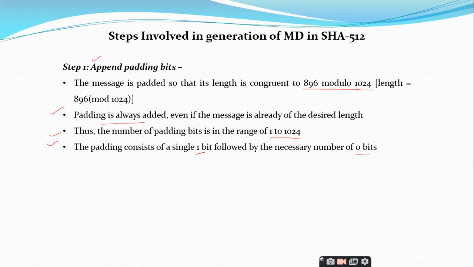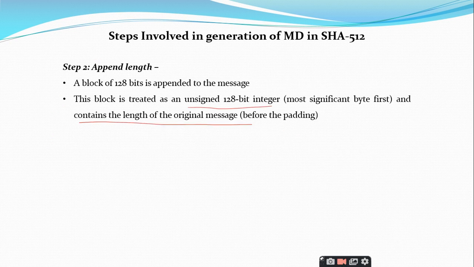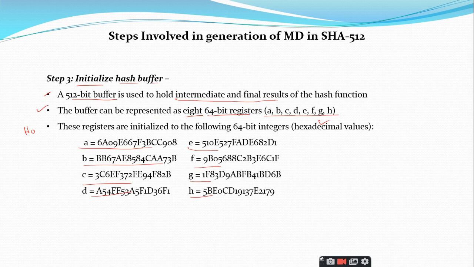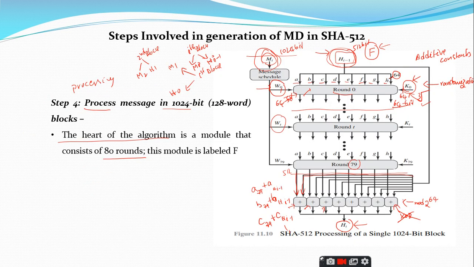The first step is append padding bits. The second step is append length, to differentiate the original message length from the padding bits. And then you initialize the hash buffer, that is a 512-bit buffer, divided into 8 64-bit registers denoted by A, B, C, D, E, F, G, H. And then we have the heart of SHA-512, which is explained as the function f.